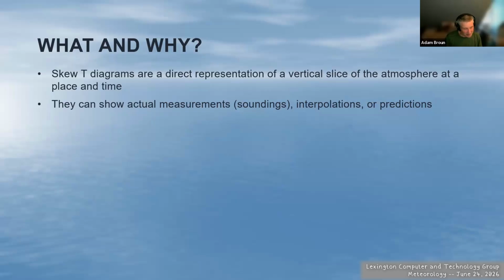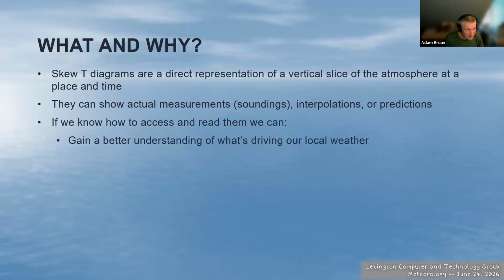An atmospheric sounding is the same, but it's sending a balloon up to see what's going on above us. So it could be an interpolation between two points, or it could be a prediction, because these soundings are fed into the computer models that are then used to generate weather forecasts.